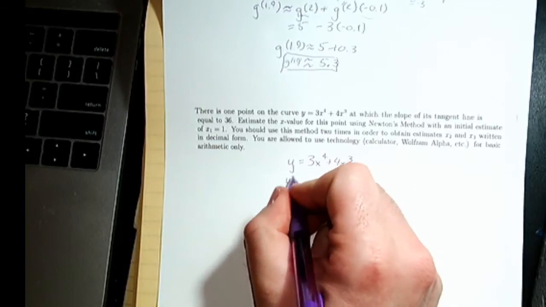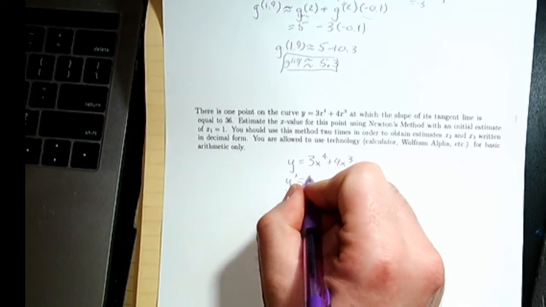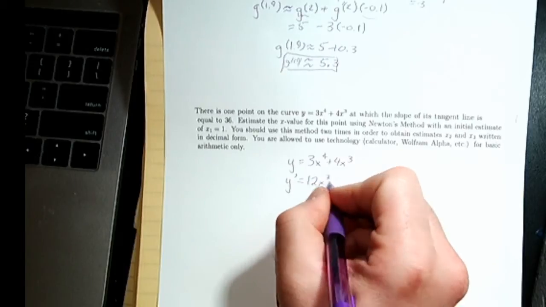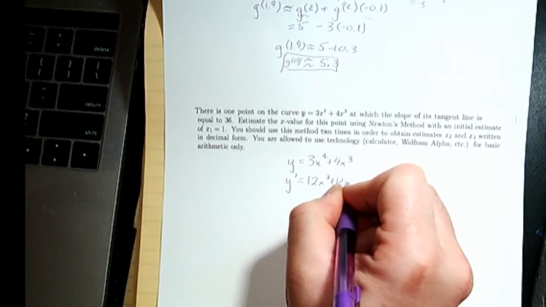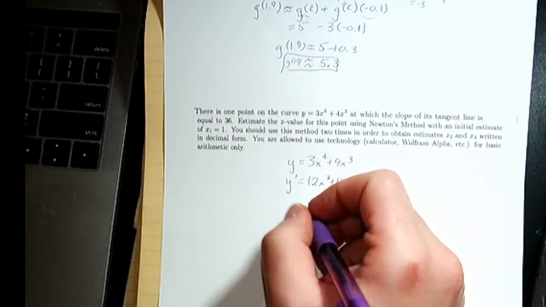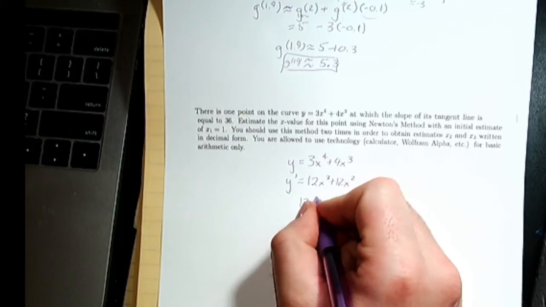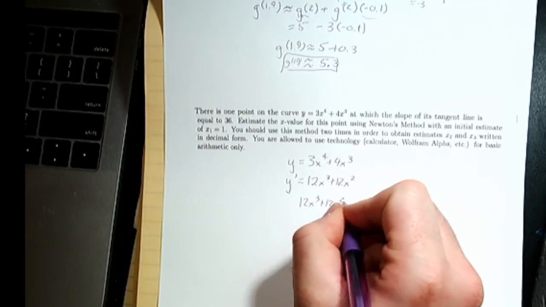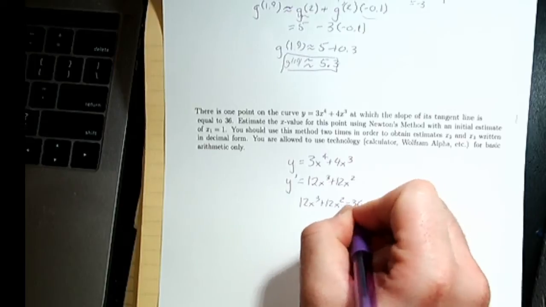So we actually are interested in y prime, which is 12x cubed plus 12x squared. And we'd like to know where this is 36. So the equation we want to solve is 12x cubed plus 12x squared equals 36.